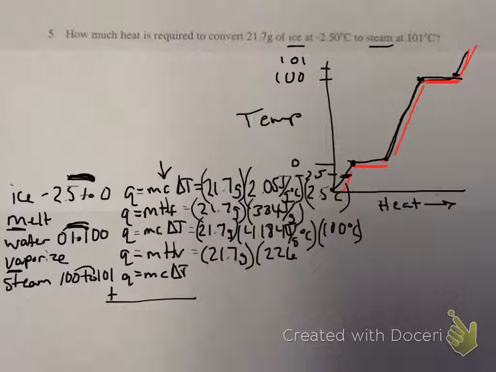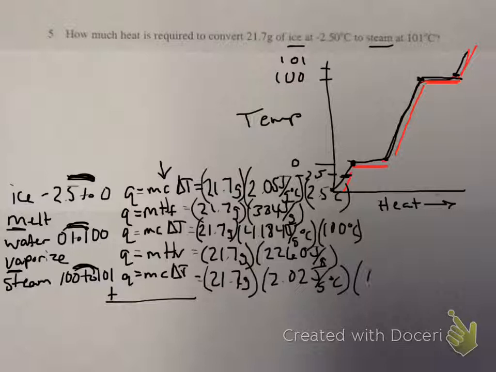Again, because it has the hydrogen bonds, it's pretty strong, in joules per gram. And then the steam part: 21.7 grams times the specific heat of steam, which is 2.02 joules per gram degree C, times my temperature change for just this segment, which is 1 degree C.